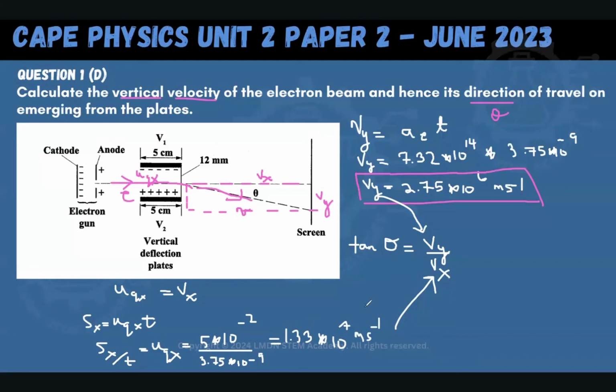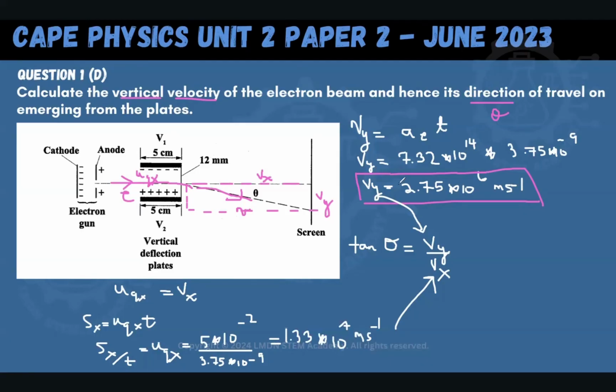That's what I need to plug in here to be able to find my theta eventually. Remember the key thing here, guys, is to realize that it is a horizontal velocity, so it's not being affected by the electric field because no force is being felt horizontally. All the force that the electron feels is going to be felt vertically, so only our Vy would have changed.